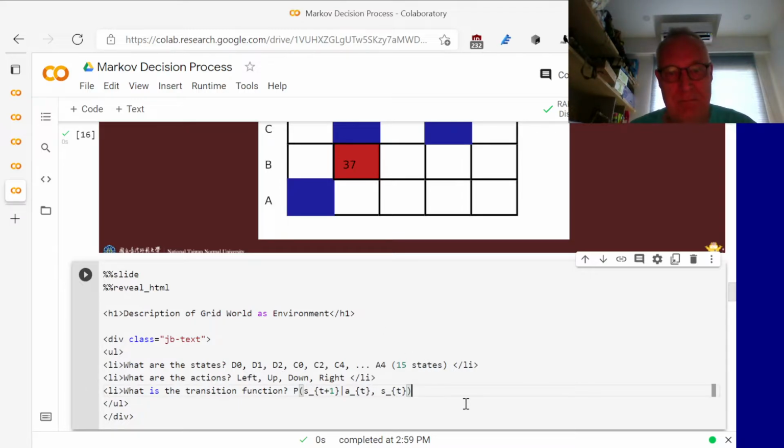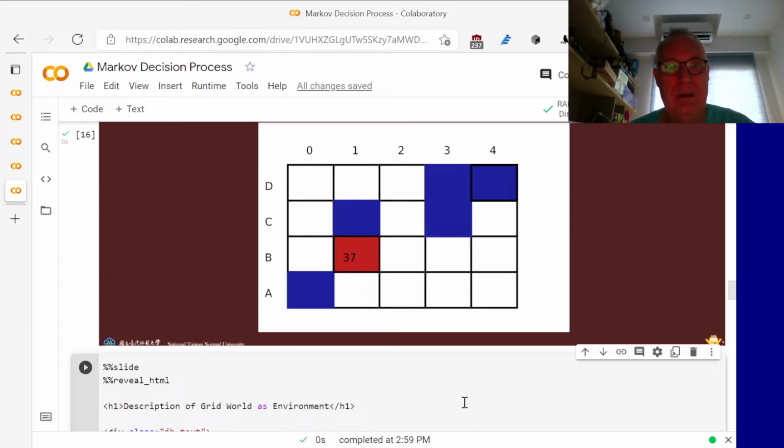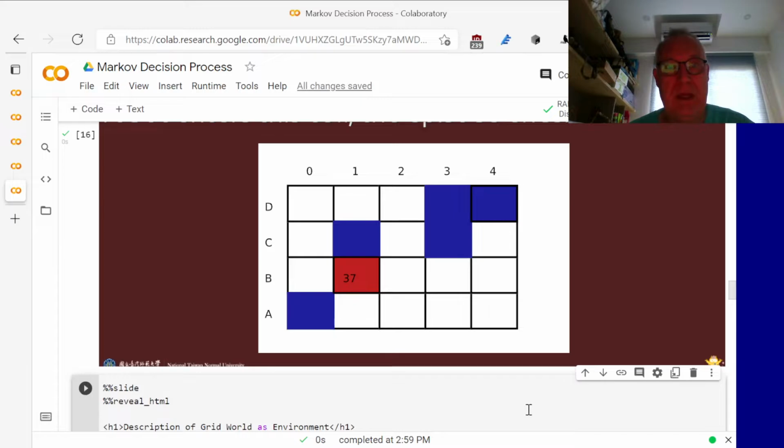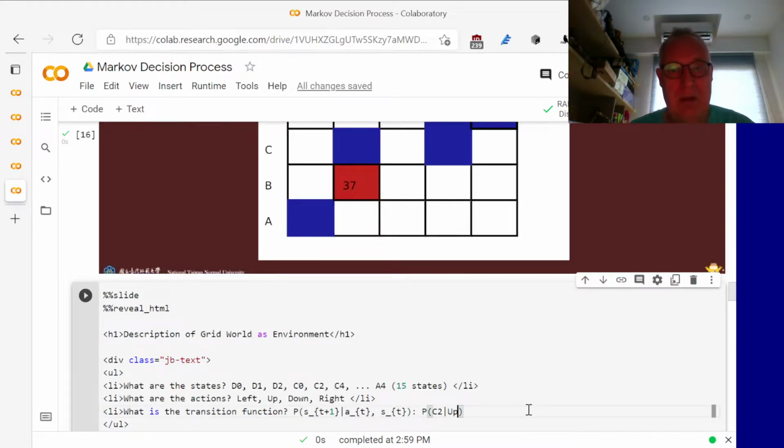So for example, the probability of going into, let's say, C2, given that I'm executing up in state B2 would be equal to, oh, I've already typed it. So if I'm in B2 and I go up, then what's the probability that I end up in C2?